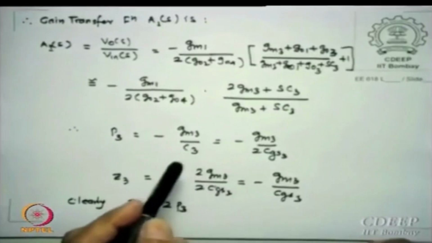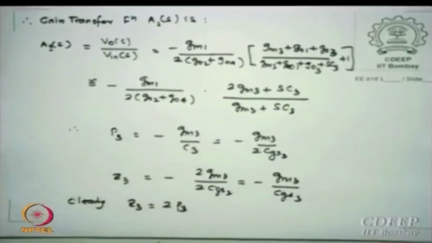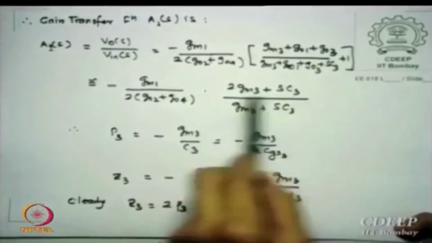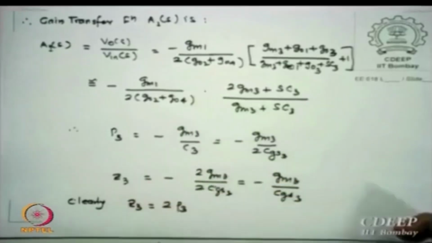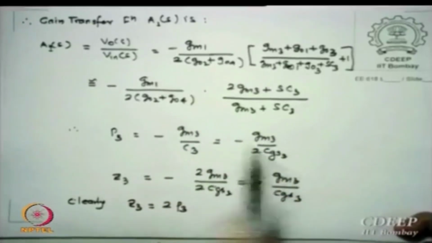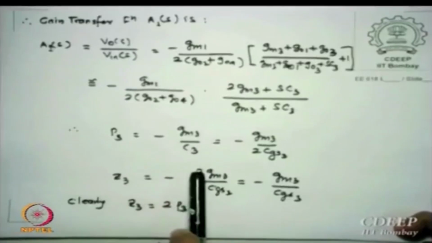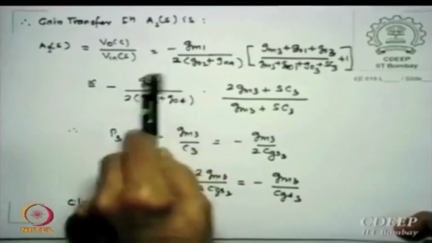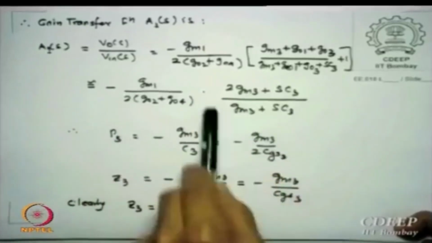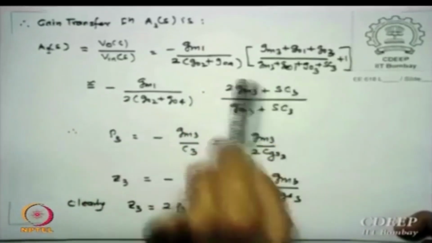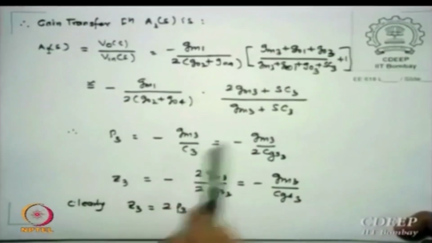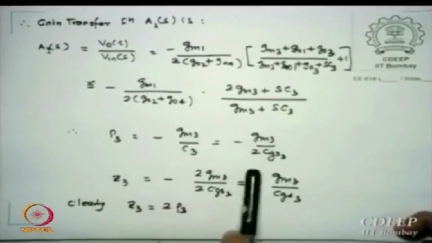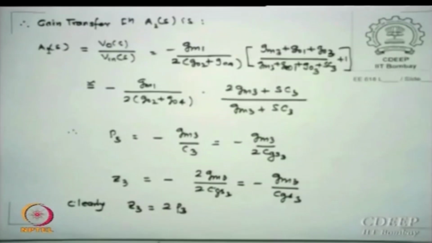Further, we can say the third pole is because of this, which is minus GM3 by C3. This is the DC gain, this is the pole, this is the zero. So P3 is minus GM3 by C3, which is GM3 upon 2 CGS3. Why 2 CGS?